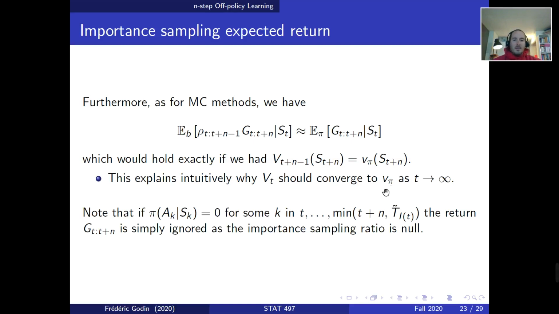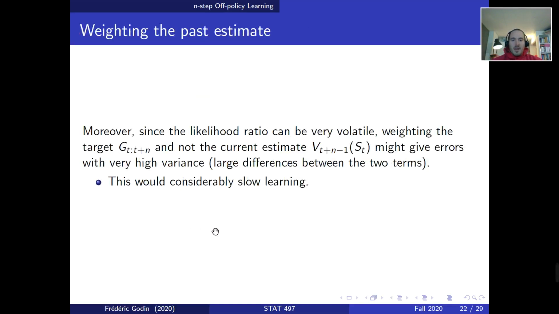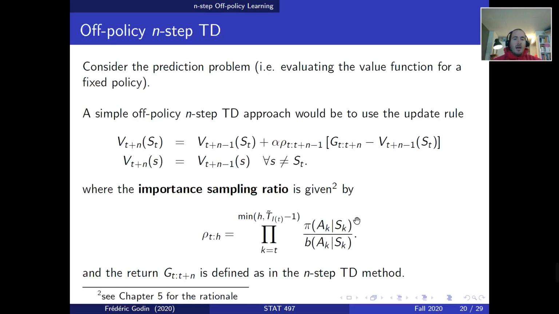Recall once again that when we calculate the importance sampling ratio, at the numerator we have the pi probabilities, the probabilities under the target policy of selecting the various actions A in state S. So if some actions along the episode are non-greedy with respect to the current estimate of the value function, then these probabilities would become zero because pi is a greedy policy and assigns probability 1 to the greedy action.